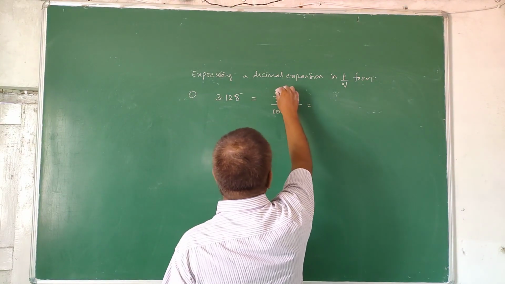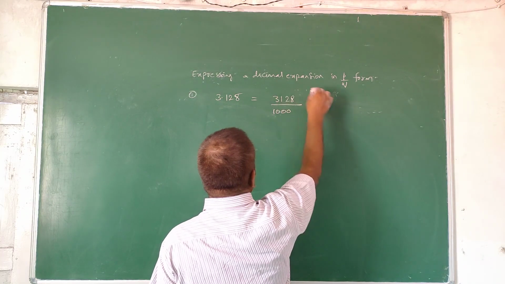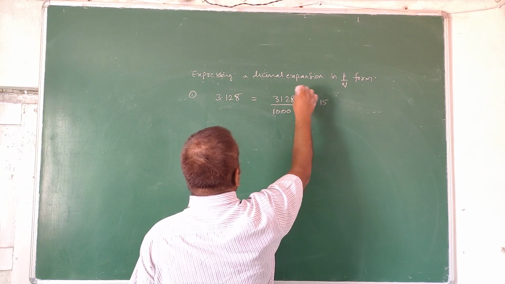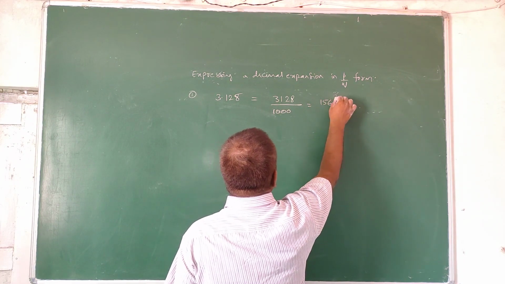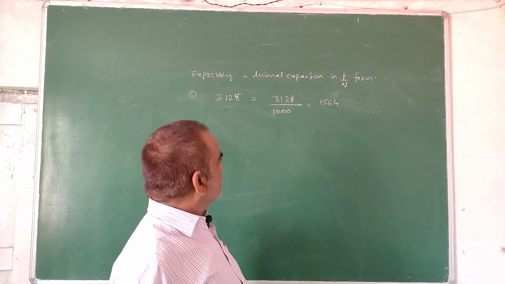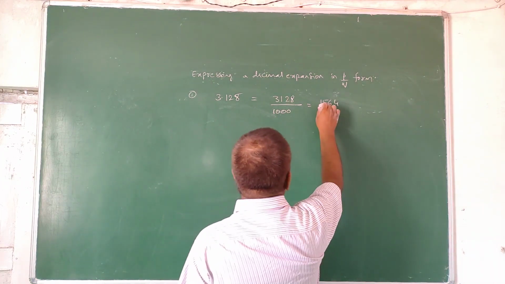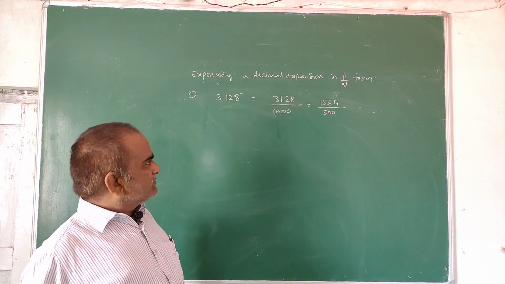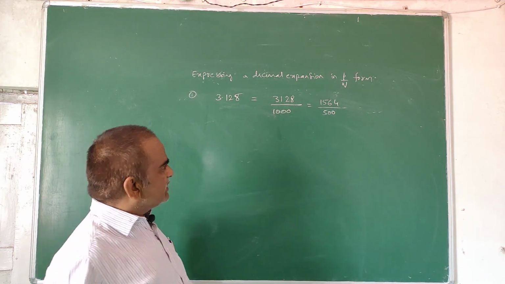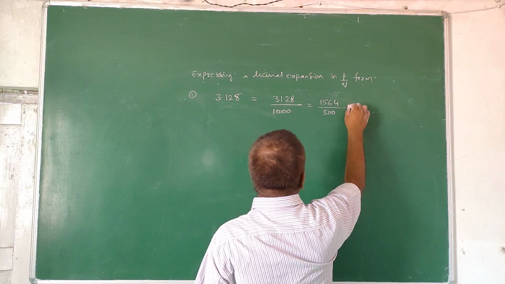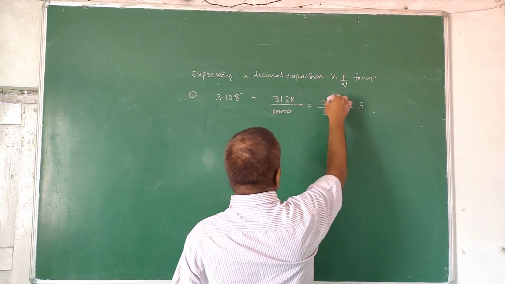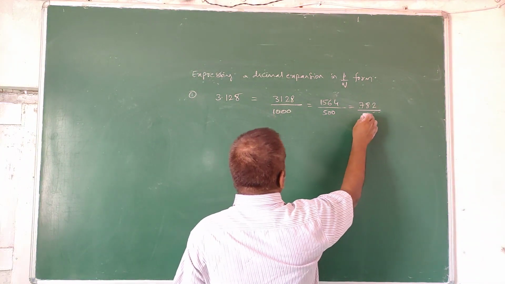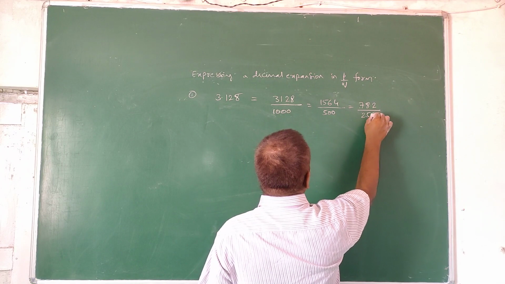Suppose you go for cancellation with 2: 2 15s are 30, 2 6s are 12, 2 4s are 8. So 1564 divided by 500. You can still cancel again with 2: 2 7s are 14, 2 8s are 16, 2 2s are 4. So here 782 by 250.